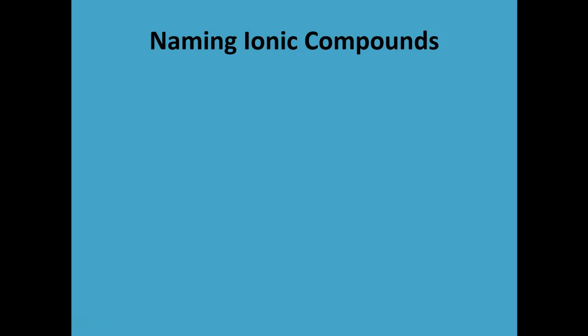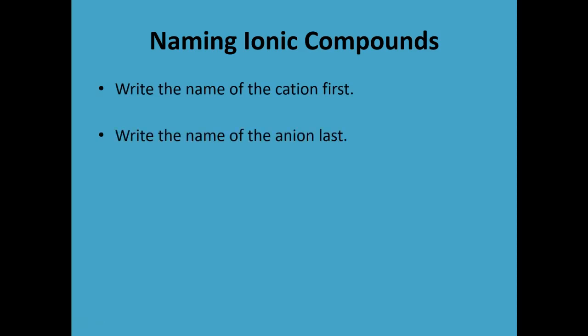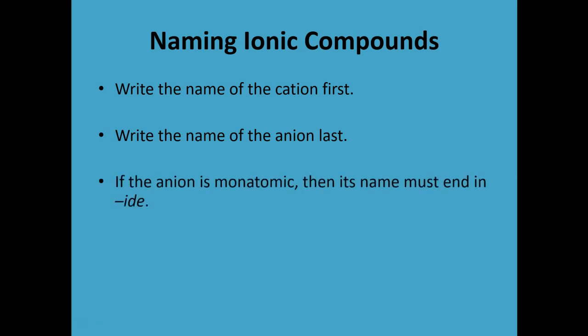Well, how do you name an ionic compound? It's actually quite simple. You just write the name of the cation, and then you write the name of the anion. If the anion is a monatomic anion, that is, it is a nonmetal with a negative charge, the charge is only associated with one atom, it's not polyatomic.